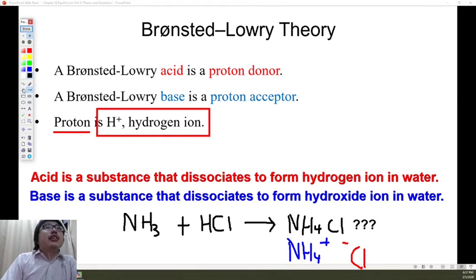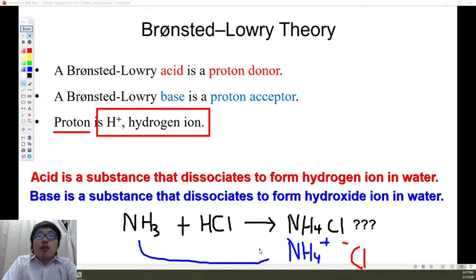Because ammonia accepts a hydrogen ion, or proton, to form NH4 plus, it is a Bronsted-Lowry base.